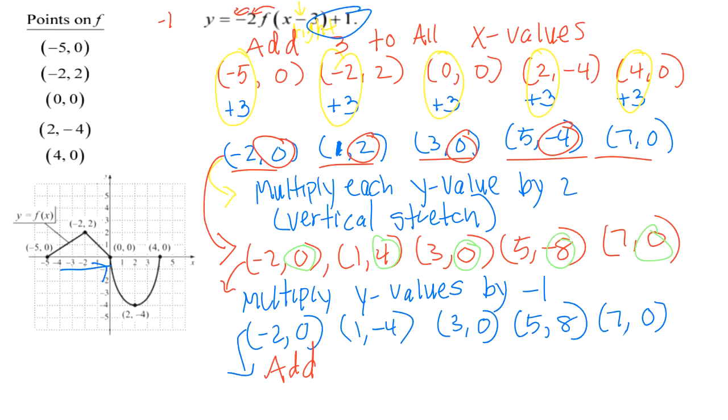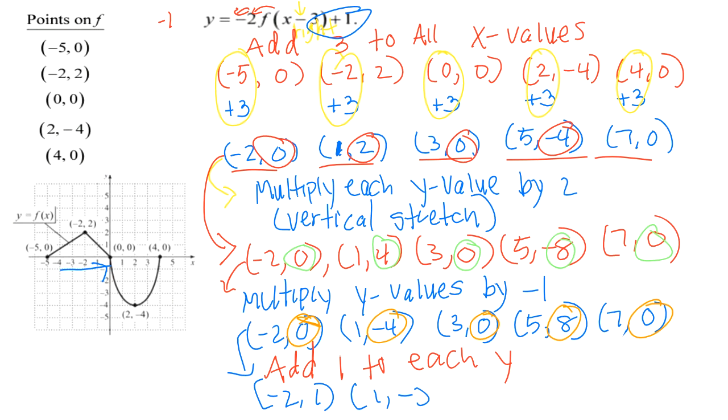So I add 1 to each y. So -2, 1, 1 and -3, 3, 1, 5, 9, and 7, 1.